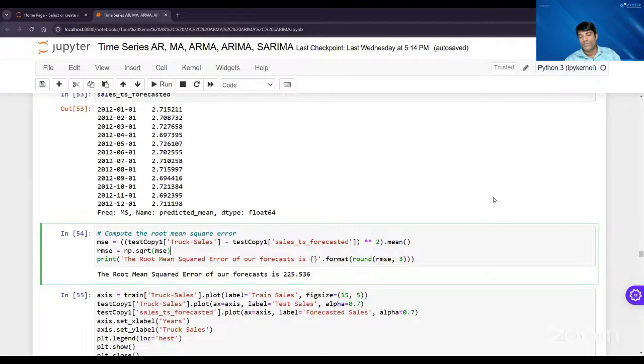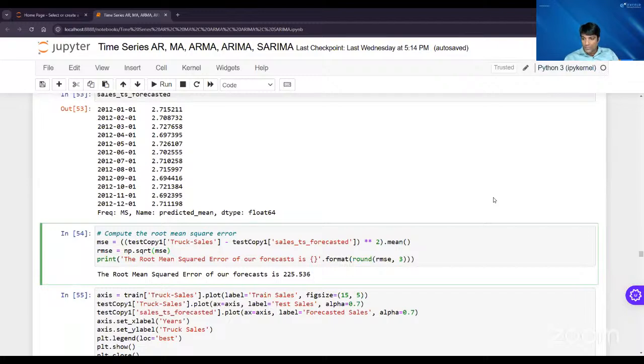Mean square error and root mean square error should be as small as possible, because they calculate the difference between the actual and your predicted values. So, logically, it should be very small, and only then can we see that our prediction and the true value are the same or almost the same.